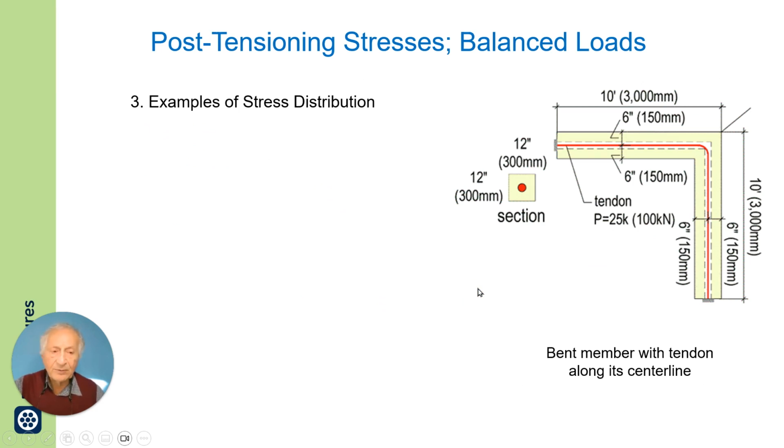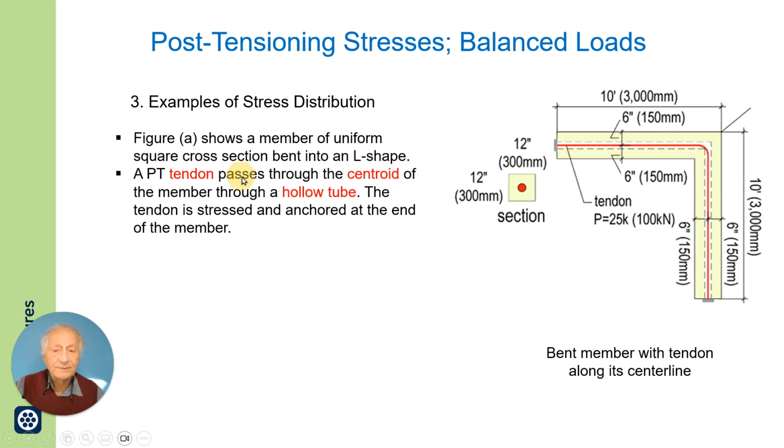Now, this is a popular example I have seen in a number of locations where you have this bent bar and a post-tensioning tendon that passes through the centroid of the member through the hollow tube and is anchored at the far ends.